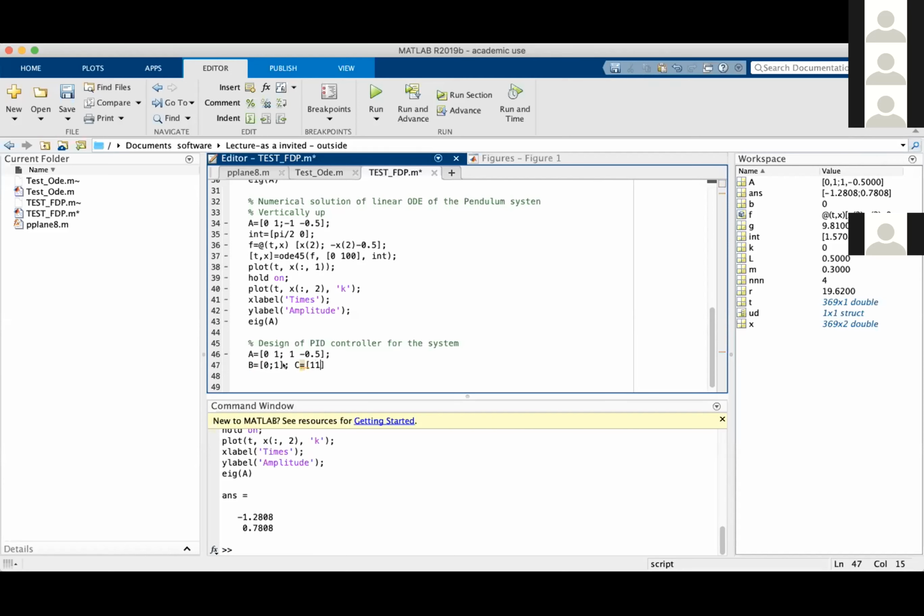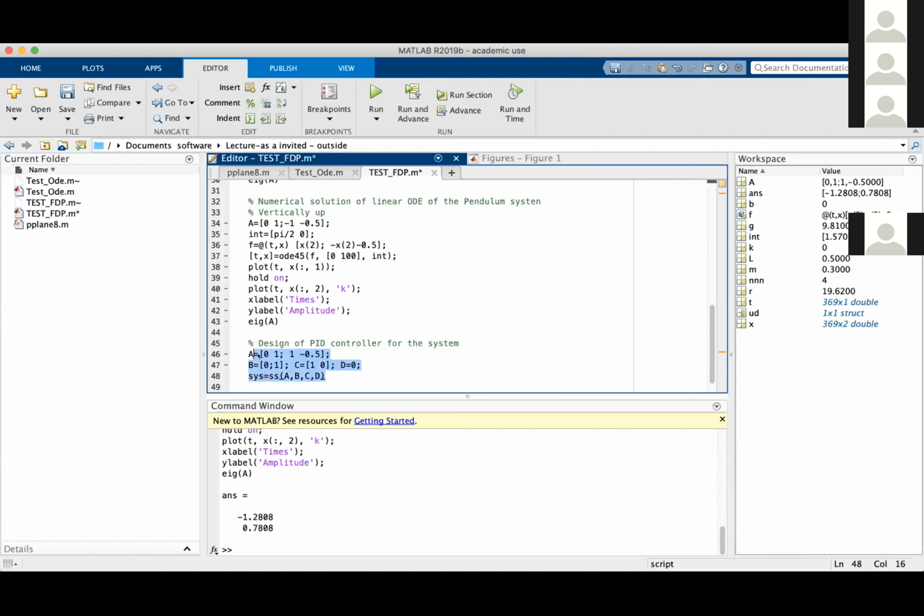So C equal to 1 and 0, the C matrix times the vector x1 and x2, but I do not care about x2, so it is 0. So the system I get equals SS, the state space form with A, B, C, and D.